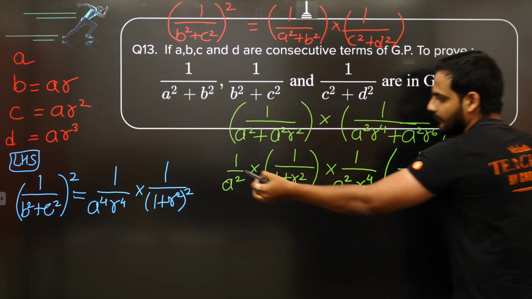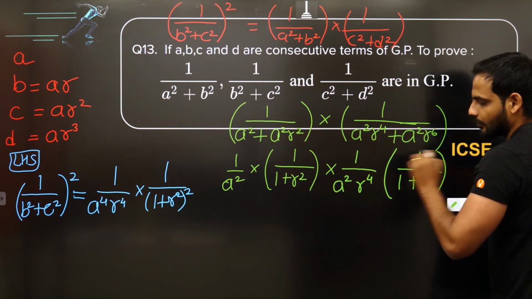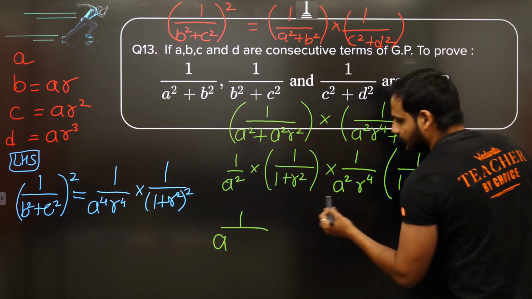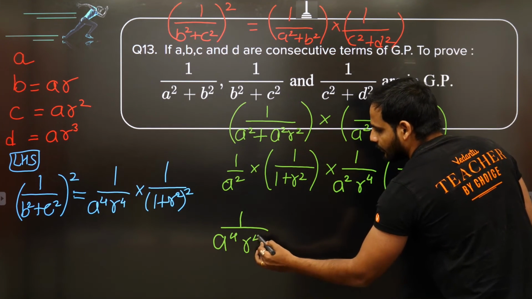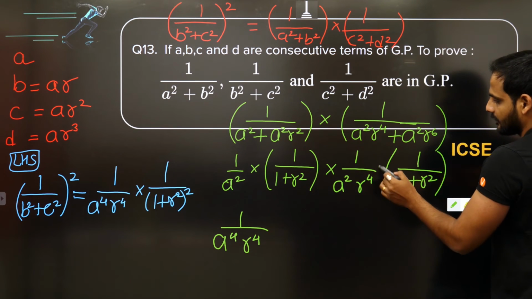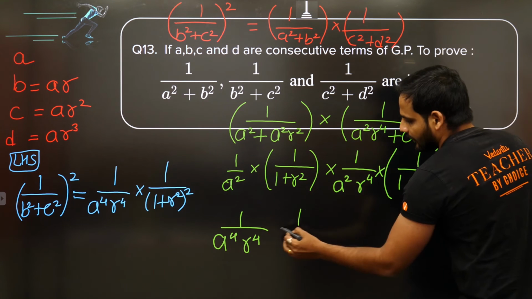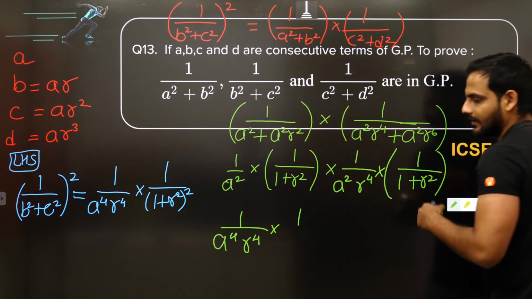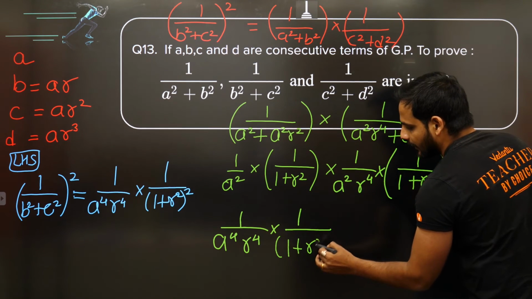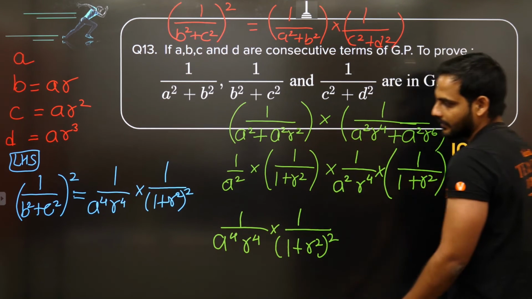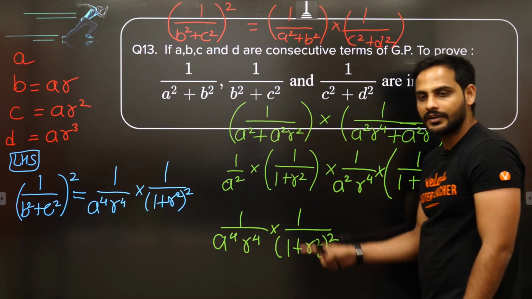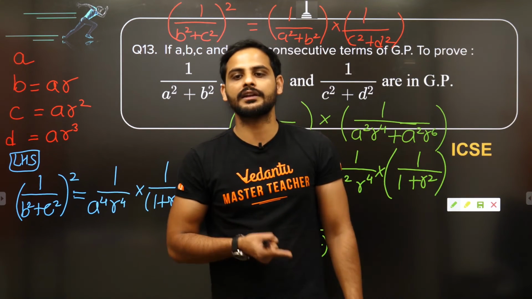So 1 by A square into 1 by A square R raised to the power 4 will give you 1 by A raised to the power 4 into R raised to the power 4, and 1 by 1 plus R square into 1 by 1 plus R square will give you 1 by (1 plus R square) whole square. And beta, you can clearly see LHS is equal to RHS, so they have to be in a GP.